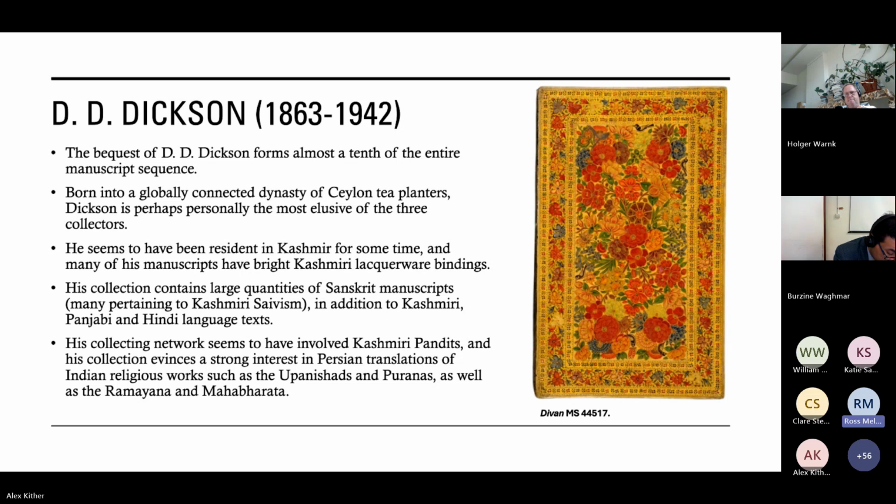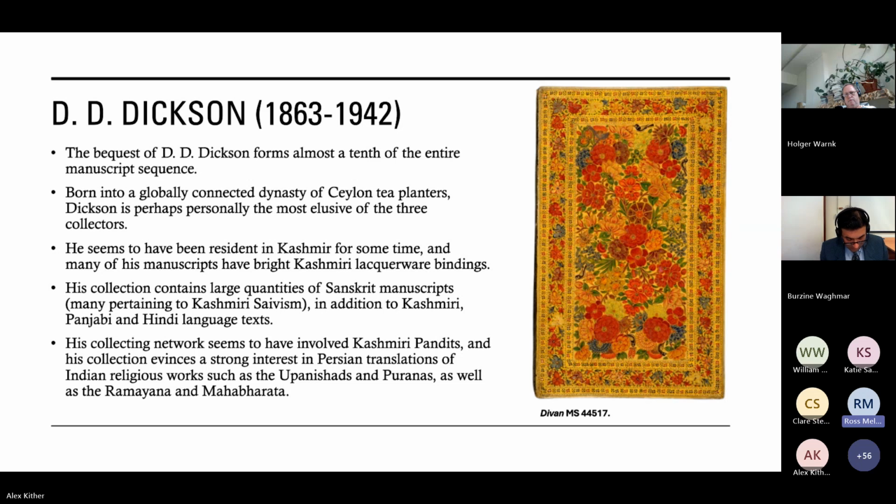Dixon himself is slightly more mysterious than the other two figures. We know that he was born into a globally connected dynasty of Ceylon tea planters and had connections at the highest level and with various shipping magnates, which enabled him to travel very widely over all of the areas that Britain held influence.